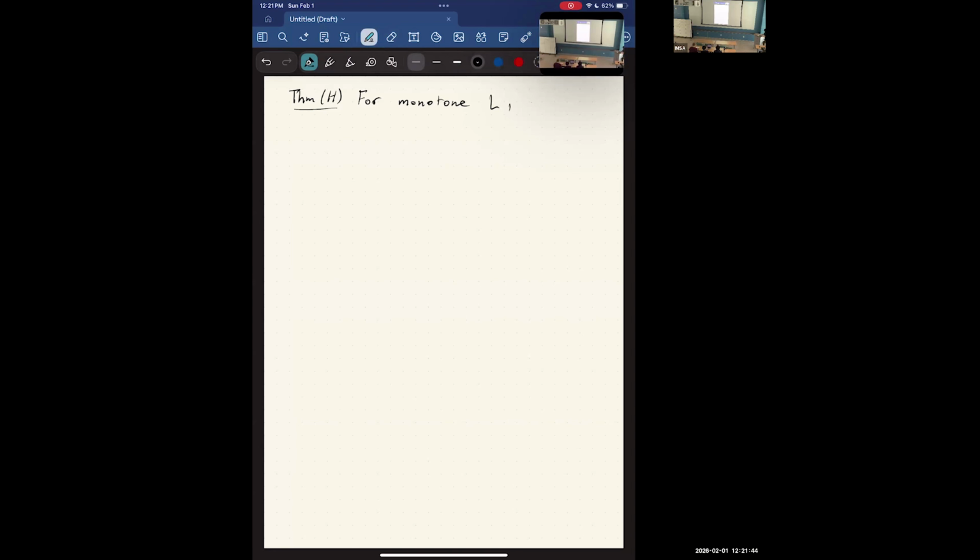But for monotone L, what I can say is that there is an open Gromov-Witten potential phi, which goes from Maurer-Cartan elements on L to the Novikov field with coefficients in Q. But this is actually defined over the integers.